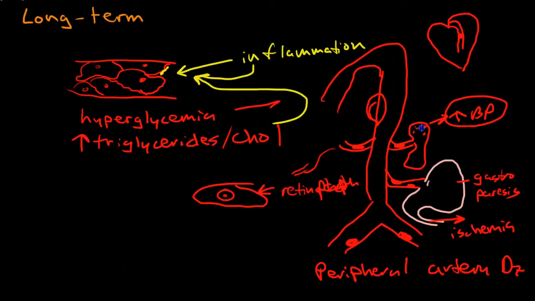It does damage directly to the glomerulus, which is the intersection between the small renal arterioles and the Bowman's capsule.